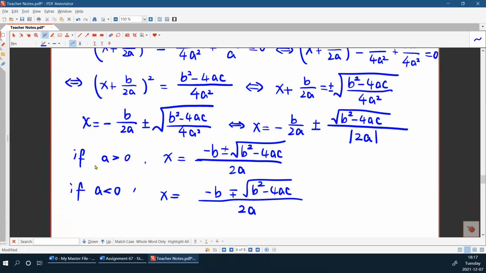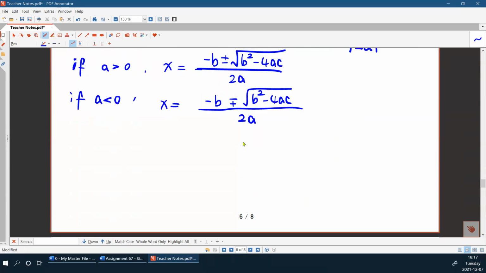So no matter whether a is positive or negative, we have the same two solutions, which are minus b, positive or negative, the square root of b squared minus 4ac, over 2a.